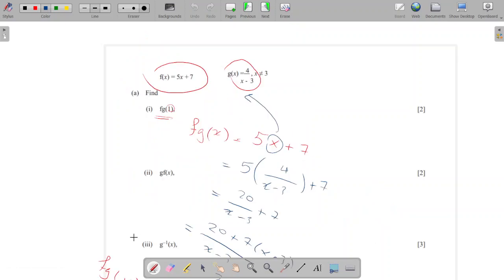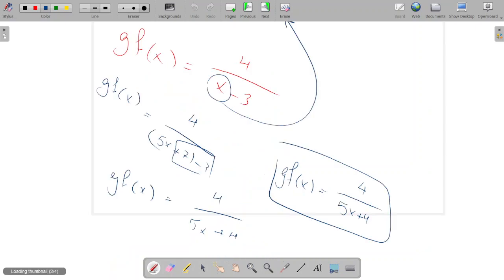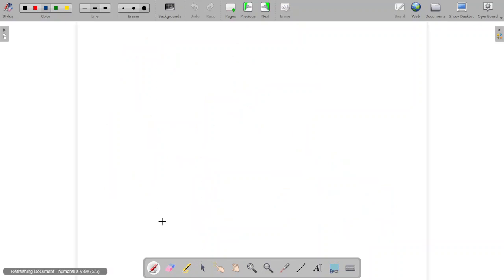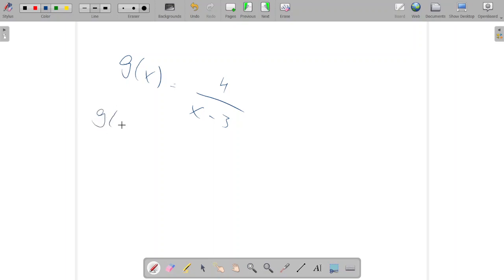The last part, he wanted the inverse function of g(x). So how do you do that? I'm going to write it in a new page, so you can follow. The function g(x), we said that's going to be equal to 4 over x minus 3, right? Now we said that when we want to find the inverse function, we need to first of all write the function in terms of y and x.